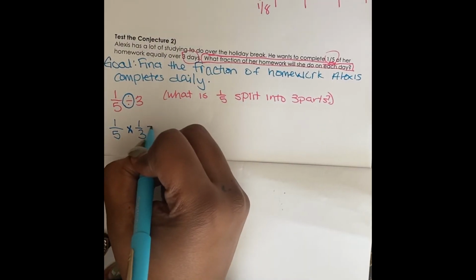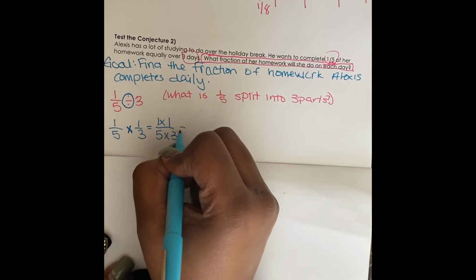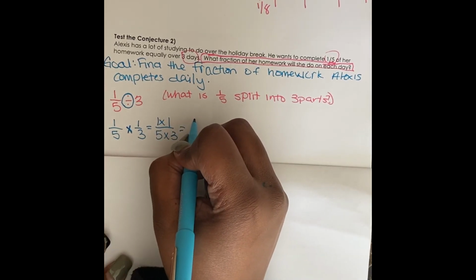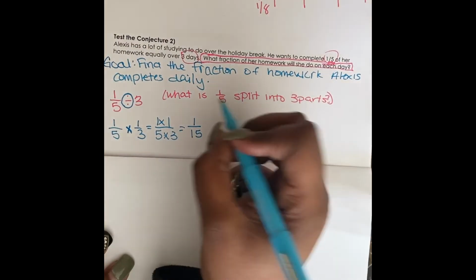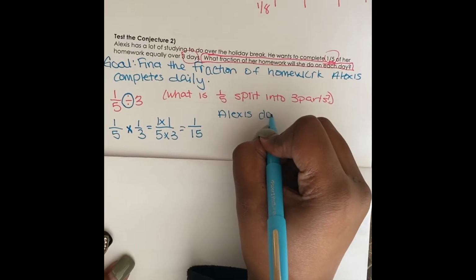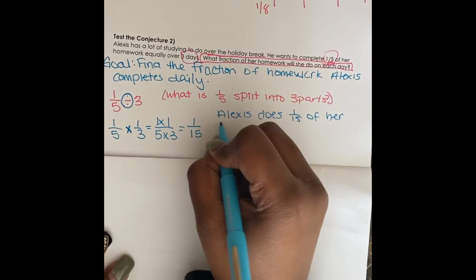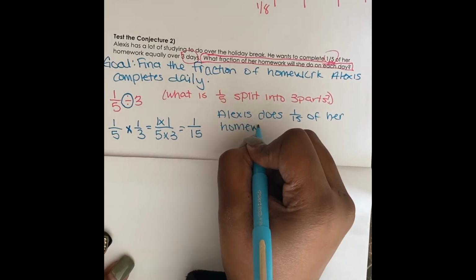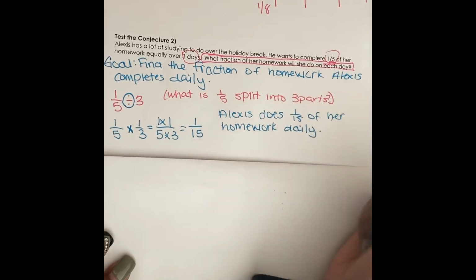So as always, we are going to do numerator times numerator over denominator times denominator. 1 times 1 is 1. 5 times 3 is 15. We see that Alexis does 1/15 of her homework daily or each day.